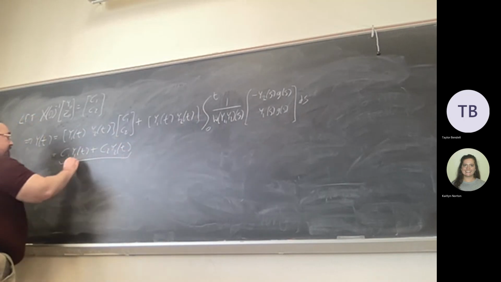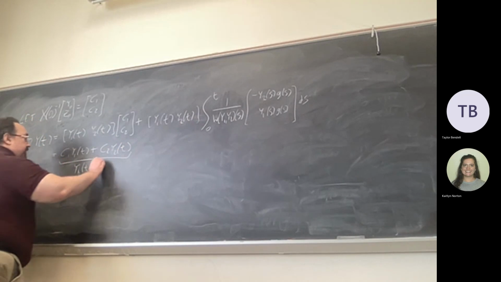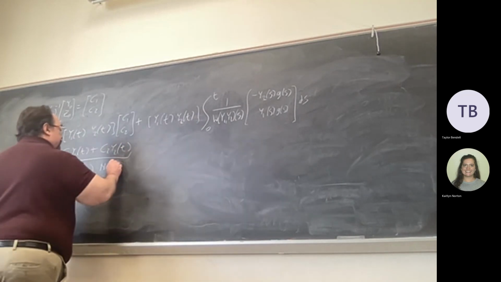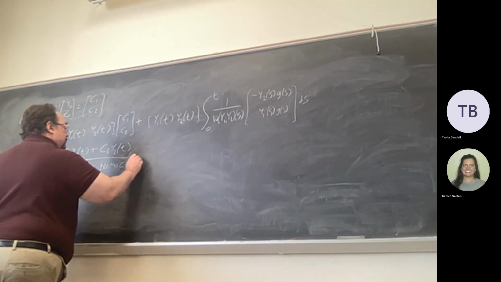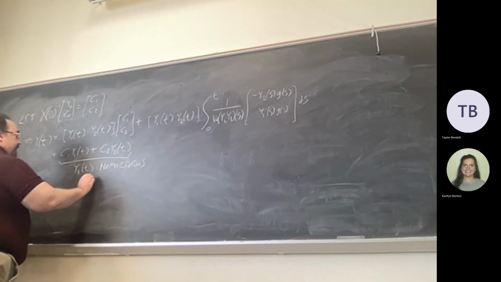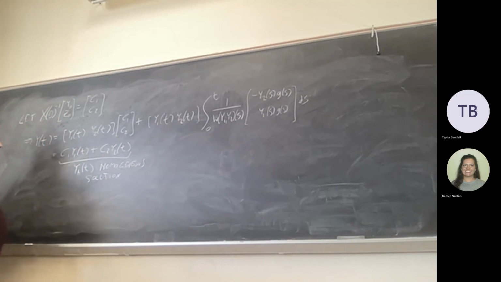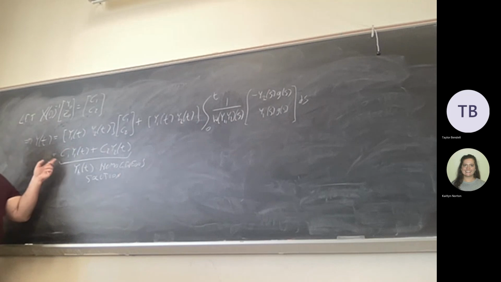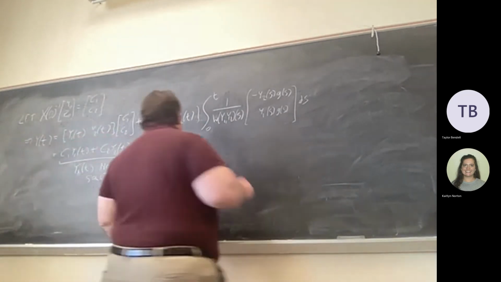And this is often labeled as y_H of t, which is the homogeneous solution. If you think of C1 and C2 as arbitrary constants determined by the initial conditions, this is the general solution of the homogeneous equation where g of t is 0. So that's that part.